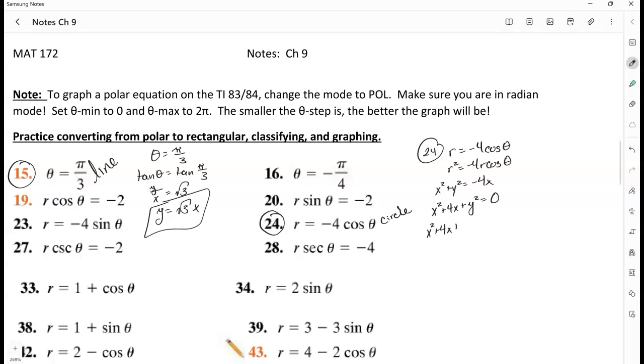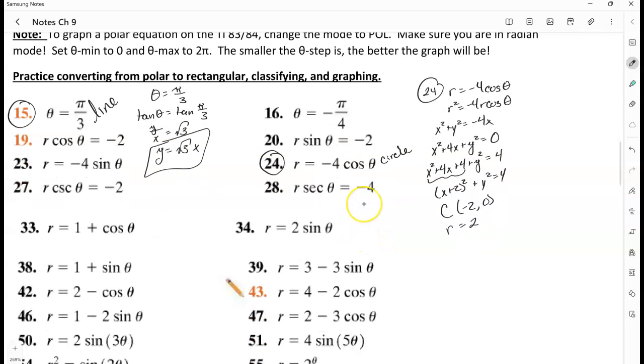Half of 4 is 2. 2 squared is 4. What I add to that side, I've got to add to the other side. And then this is going to factor. And you can see this is a circle with a center at -2, 0, and radius of 2. And that's exactly what we said. This was going to be shifted to the left 2, and it was going to have a radius of 2. And we knew that because of the format.